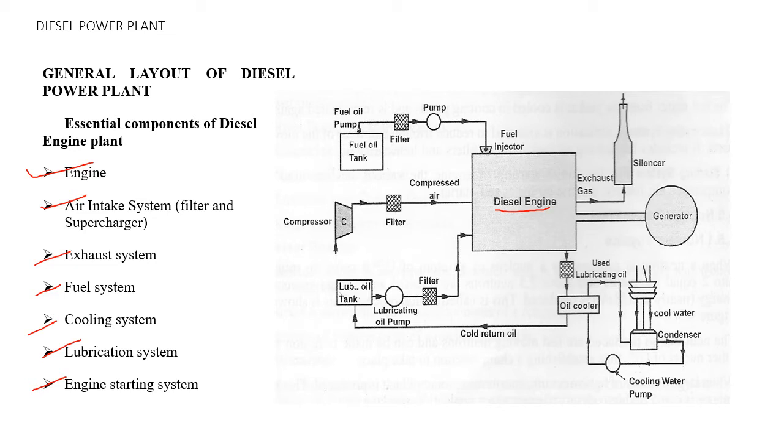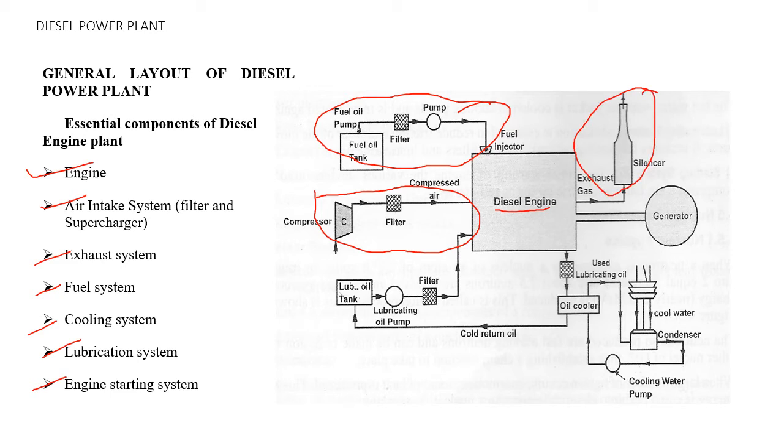This is the diesel engine, this is the air supply system, this is the fuel supply system, and this is the exhaust system. Lubrication and cooling oil both are combined here. This is the general layout of diesel power plant. In the examination, if they ask the question with a neat sketch, explain the general layout of diesel power plant, you need to sketch, and you need to write few points regarding each system.